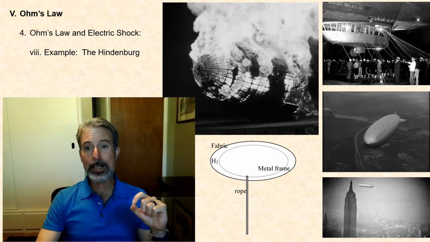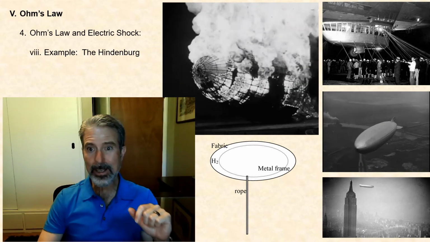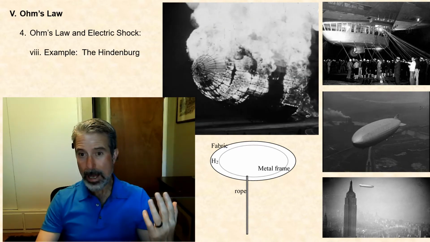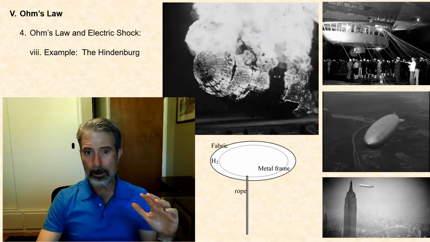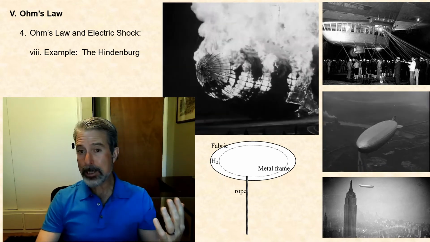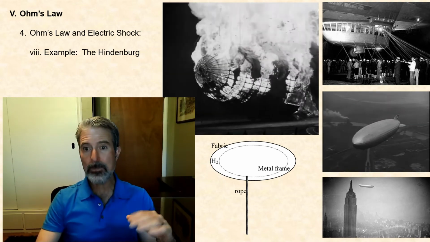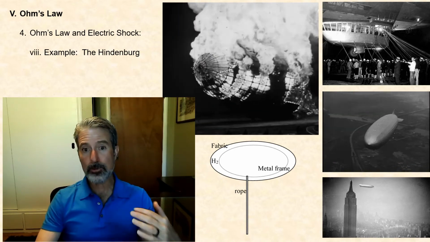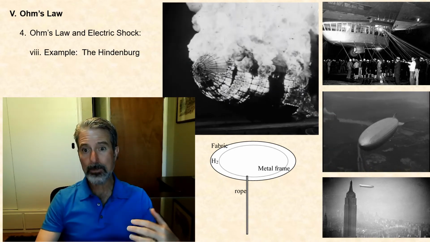So now we have a very dangerous situation. The fabric was wet with conducting rainwater and was at a potential that was very different from that of the Zeppelin's framework and ground.